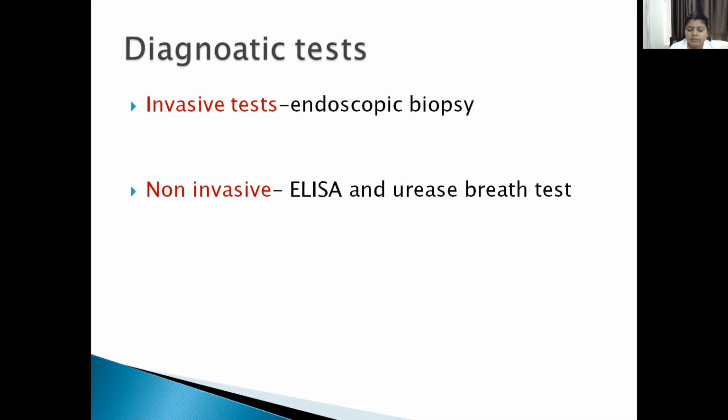It can be detected, but it requires isotope assay facilities. So it is a little bit uneconomical, and this urease breath test is available only in research laboratories.